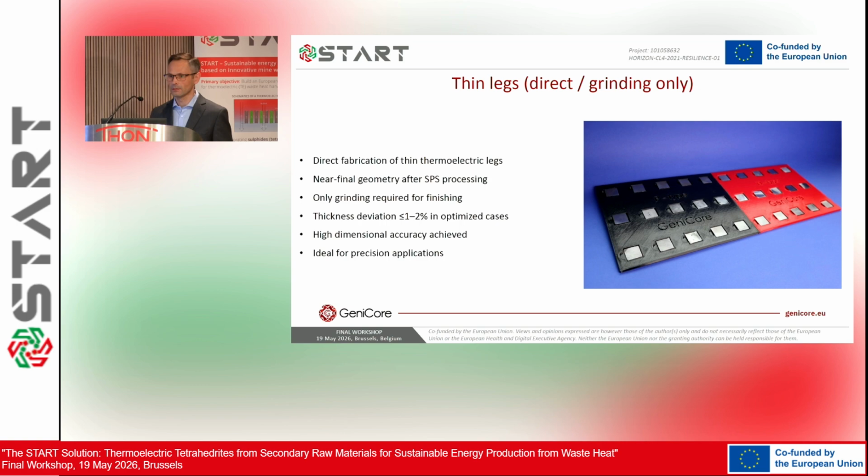Finally, the deviation of the thickness can be optimized by applying some spacers, where instead of the graphite foil, which is quite a weak material, graphite spacers can be incorporated.